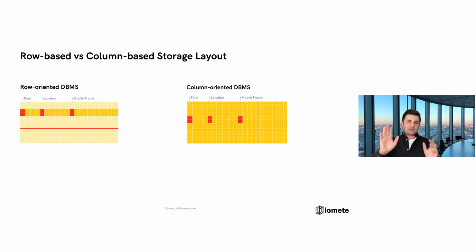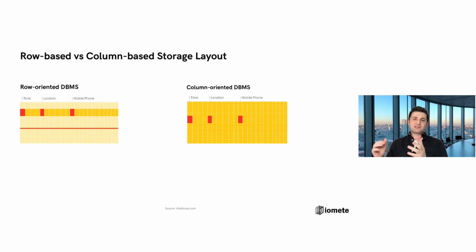Before I dive into structured data processing, I want to explain one concept: storage layouts. Data lakes store data in a file format. Previously, in structured files, we had CSV and JSON, but these are plain file formats, and they're also row-based file formats.